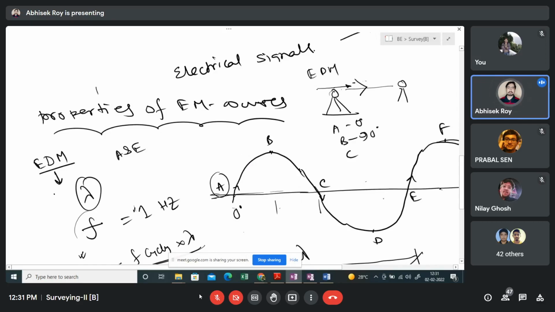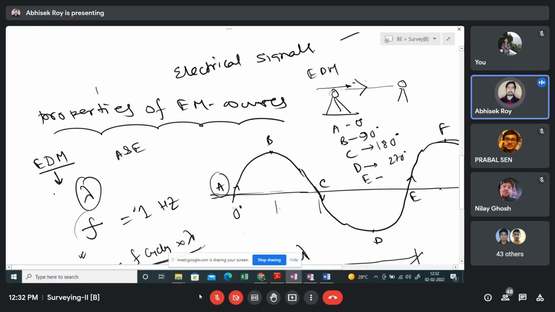If you are at C, you have completed half of the cycle, because from A to E your full cycle is there. 180 degree. Similarly, if you are at D, you have completed how much? 270. Yes, 270 it will be, right?